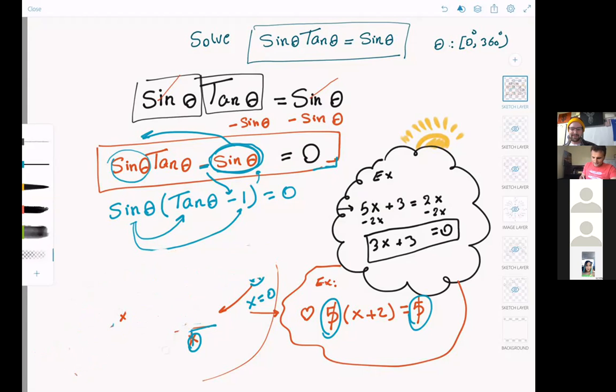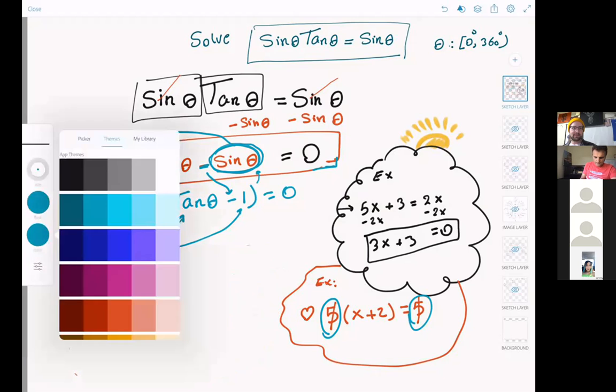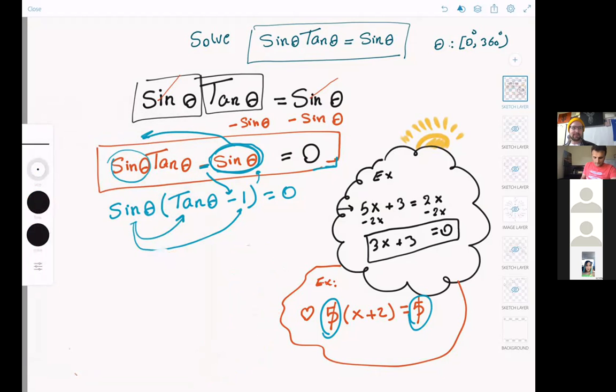So I factor the sine. I'm going to make an example for Karen. We have 5x minus 5 equal to 0. If I factor the 5, open parenthesis, x, this minus is going to go here.